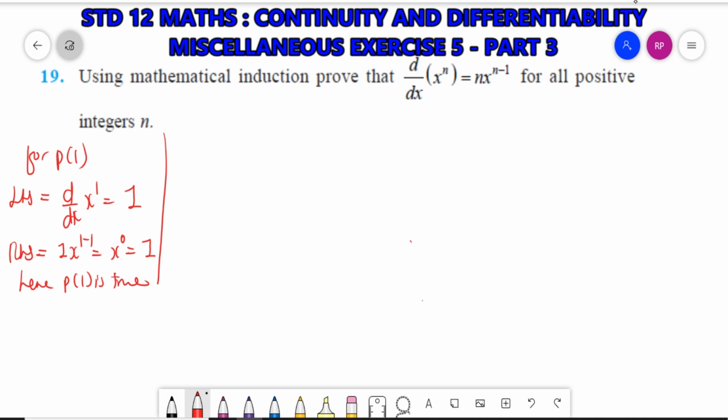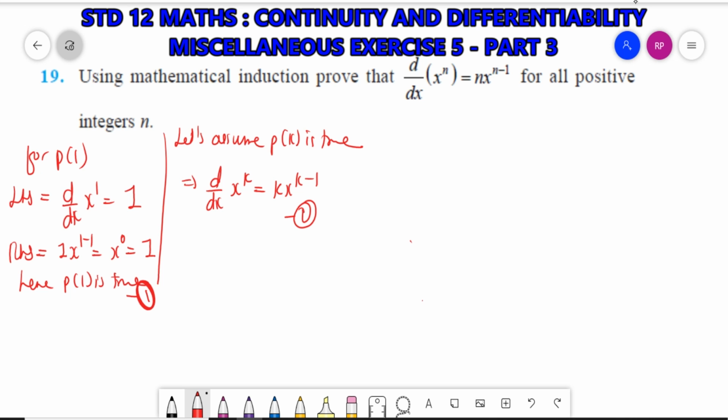Okay, now let's assume p of k is true. That implies d by dx of x raised to k equal to kx raised to k minus 1. Let's name this as 1. Let's name this as 2.